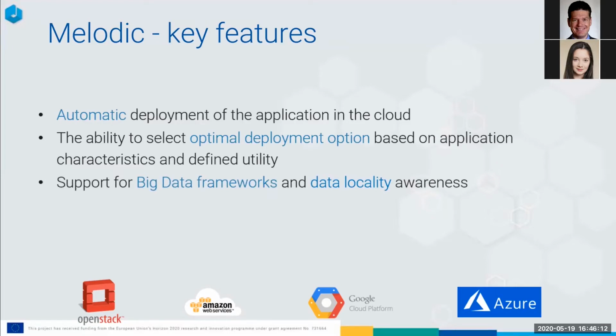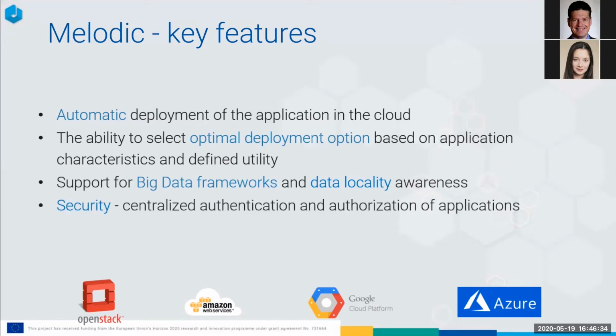It supports big data frameworks like Hadoop and Spark, and it does so in respect of the data constraints that you have. So if data cannot be moved, or if data has to be on a local server, then Melodic will deploy the computational components to where the data is and not the other way around. And finally, it is also secure.